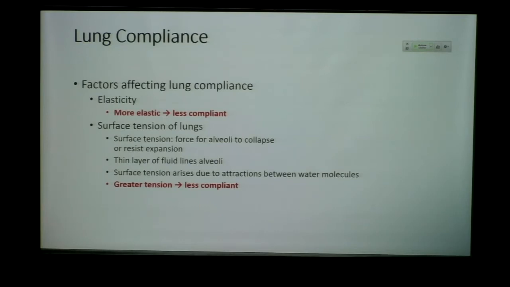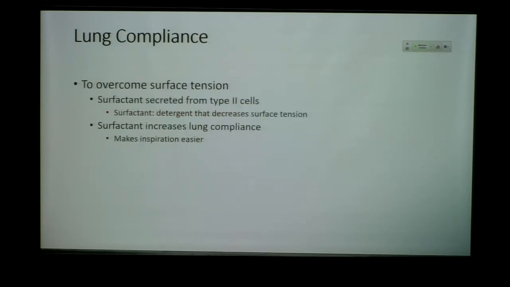Surfactant, right? So this is where surfactant comes into play. So surfactant overcomes that surface tension and breaks up those water-to-water interactions and helps to keep the alveolus open and patent so that it can expand and accommodate air.